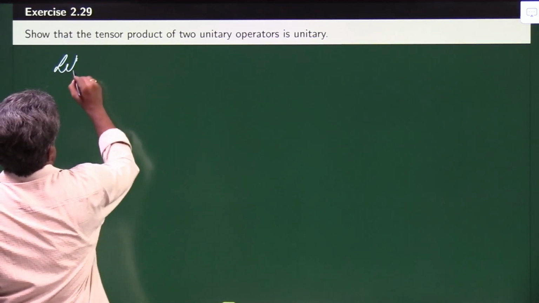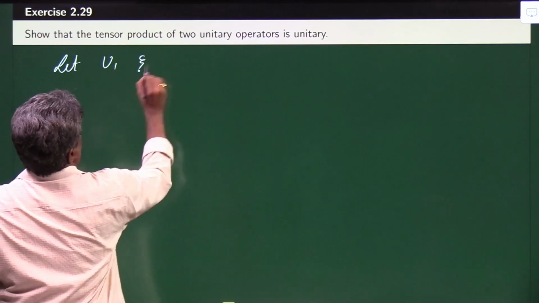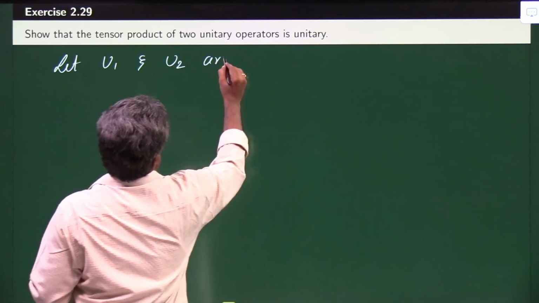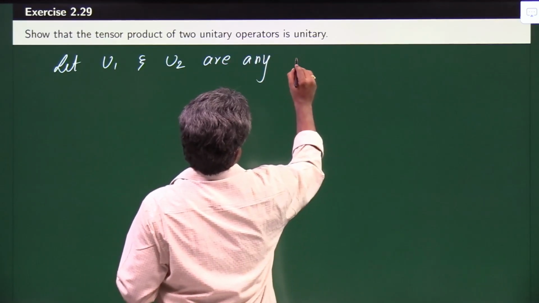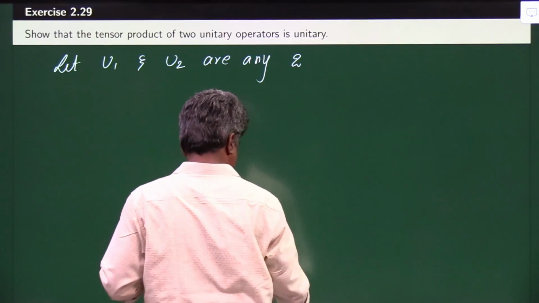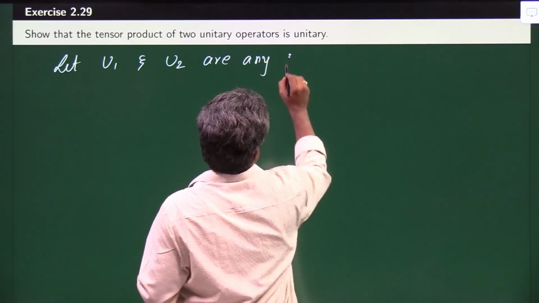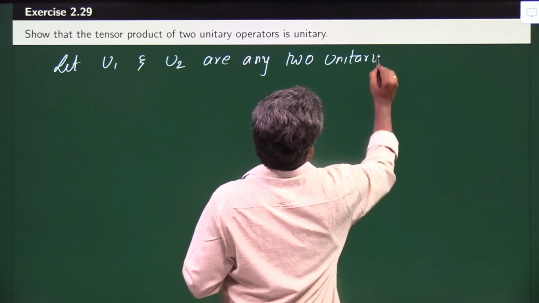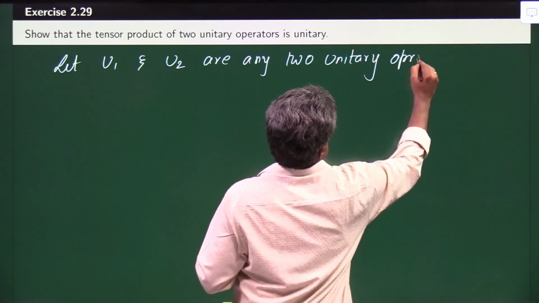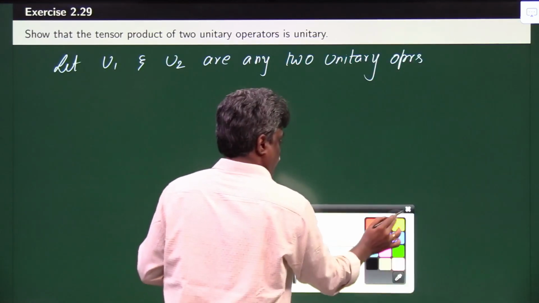Now let u1 and u2 be any two unitary operators. What is the meaning of a unitary operator?